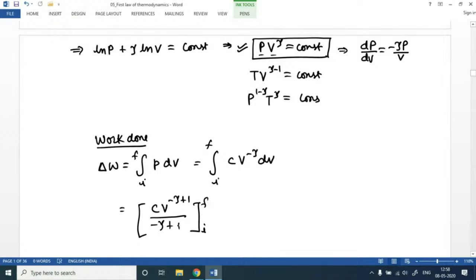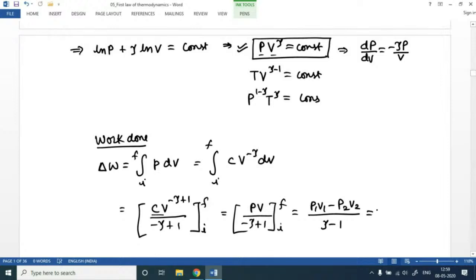Okay, so here when we substitute that, you should realize that C V to the power minus gamma into V we can write, and C V to the power minus gamma is nothing but P. So the numerator becomes, let's say, P into V upon minus gamma plus 1, from initial to final, and you should realize that would be nothing but P1 V1 minus P2 V2 upon gamma minus 1, you can write.